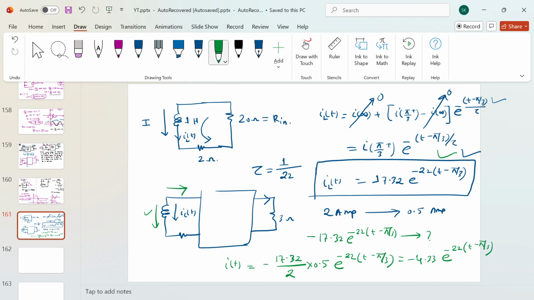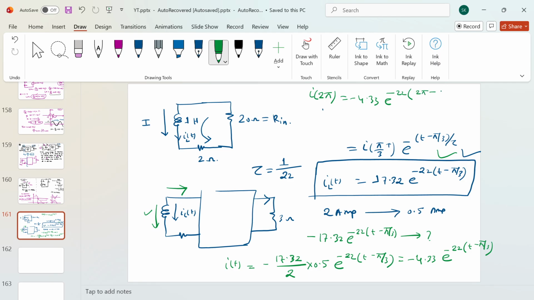We have to calculate the current at, maybe I can erase this portion, at t equal to 2 pi, right? So if I just put t equal to 2 pi, what you will get? Minus 4.33 e to the minus 22, so it will be (2 pi minus pi by 3) into 22, e to the power minus that, into 4.33.